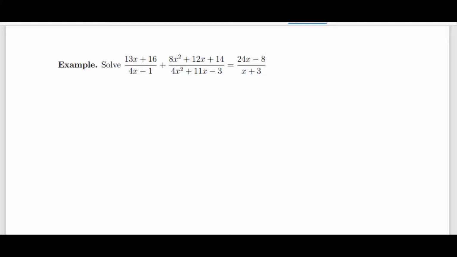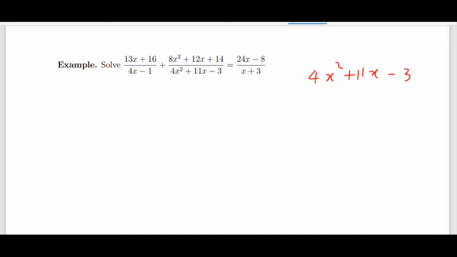The first one, I think we cannot simplify. So for the second term, let's check this: 4x squared plus 11x minus 3. Simplifying is just factoring, whether we can factor. Here 4 is 2 times 2 or 1 times 4, and 3 is 1 times 3.